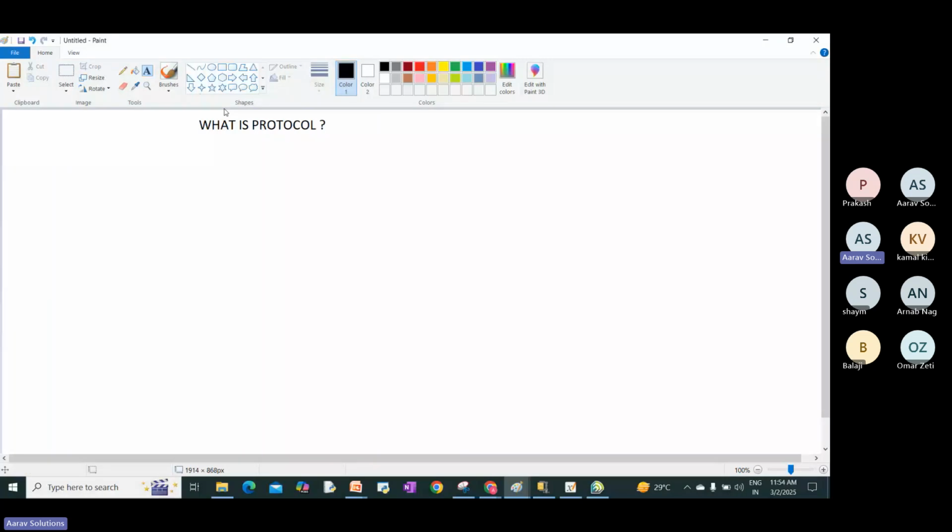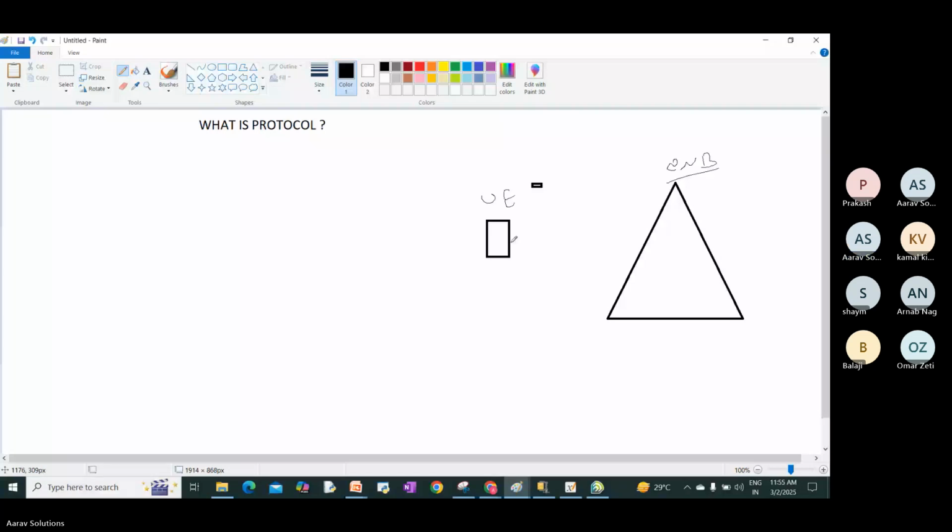Here let's suppose we have a UE and an eNode B, and if we want to make a communication between UE and eNode B. Now suppose, language wise, a rough example: this eNode B is aware of English, and this UE is aware of French.